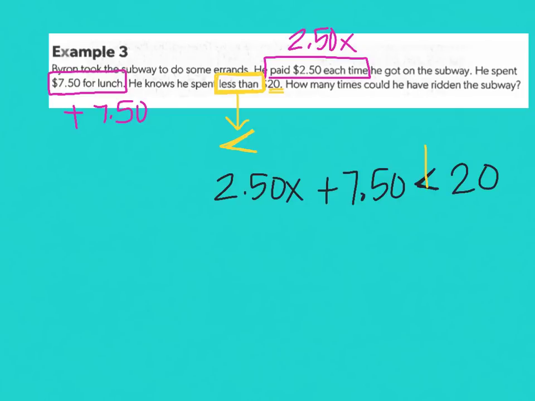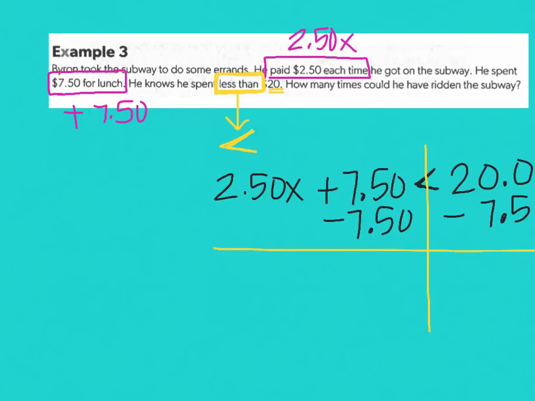I'm going to draw my line down, this less than symbol, and then I'm going to start working backwards. The opposite of adding $7.50 for his lunch would be take away what he spent. And again, 20 is not a decimal, so I'm going to put .00. And I'm only going to put .75 because the 0 really doesn't matter.